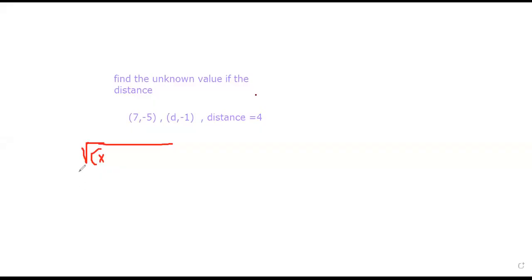Then the formula to calculate a distance between 2 points was the square root of x2 minus x1 all to the power of 2 plus y2 minus y1 all to the power of 2.